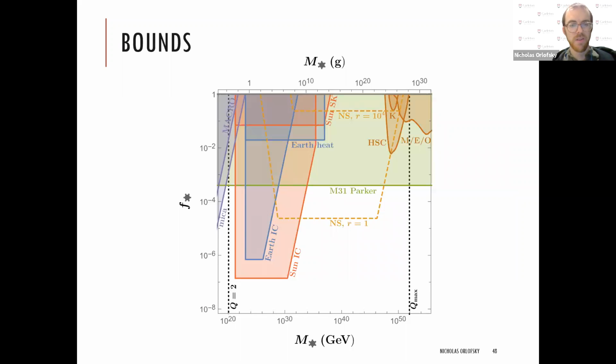If you do that, you can add a couple more lines to this plot at the very low masses. This is just short of competing with the Andromeda Parker bound down at these minimal black hole charges.